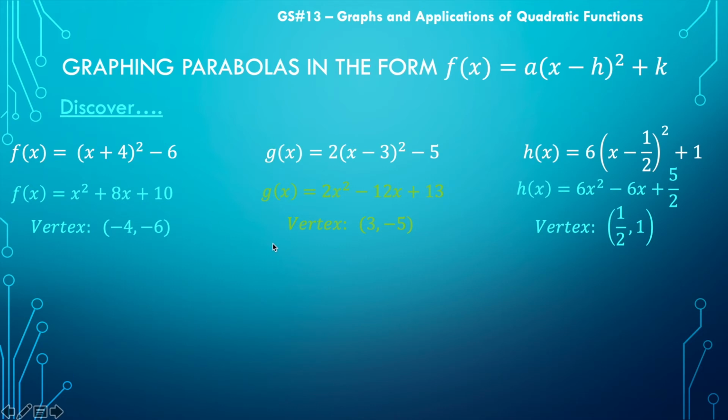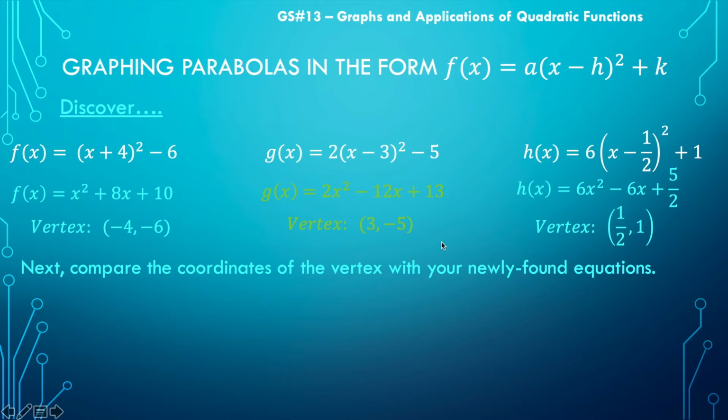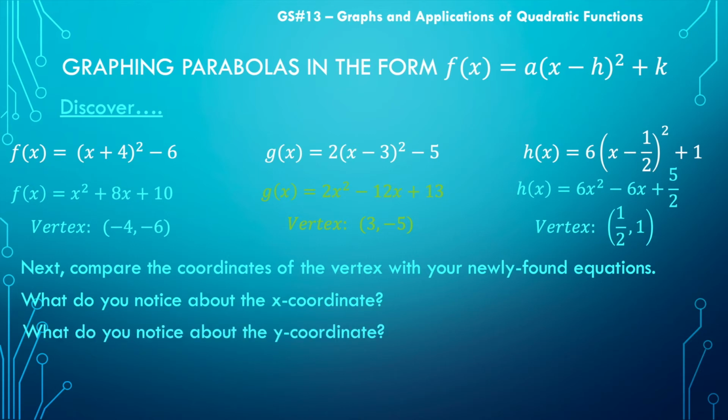I want you to do that for all 3 of these, and I want you to see what you notice. Is there anything you notice about the x coordinate? Is there anything that is the same for this x coordinate and this equation, this x coordinate and this equation, this x coordinate and this equation? And how about the y coordinate?